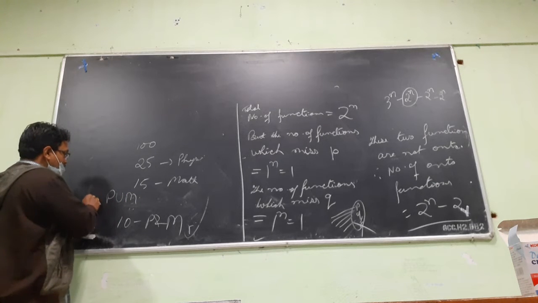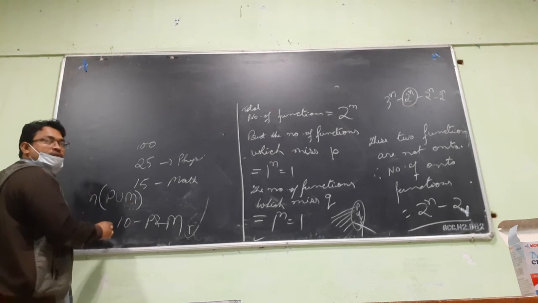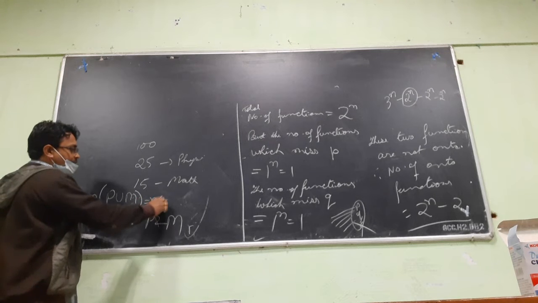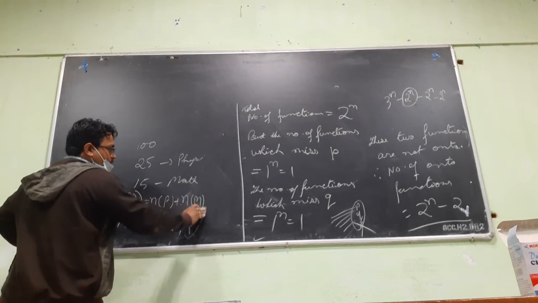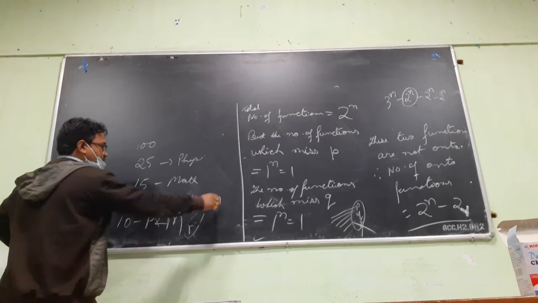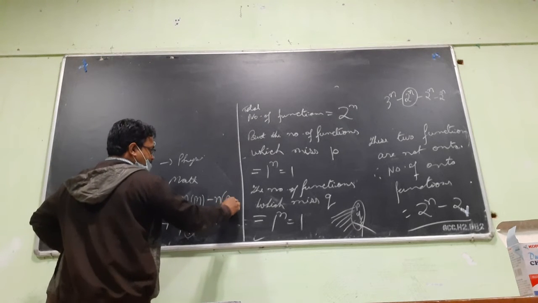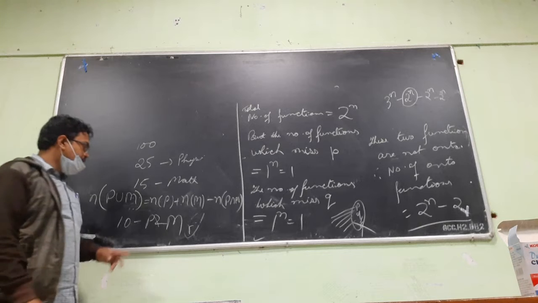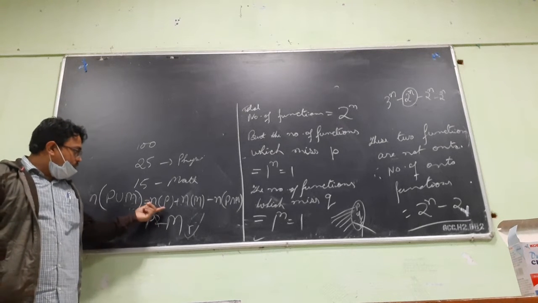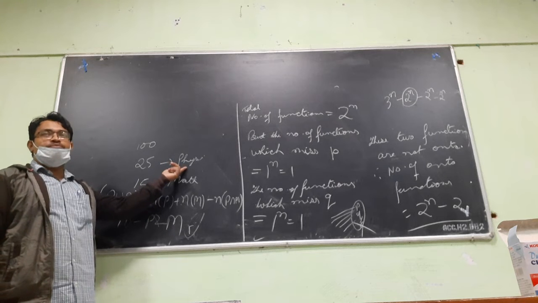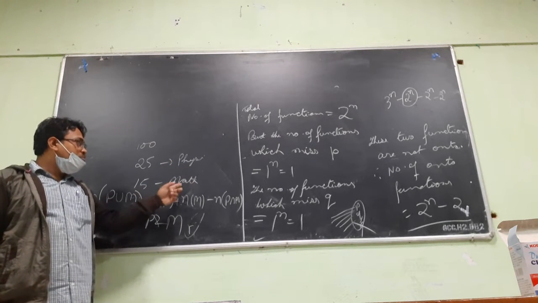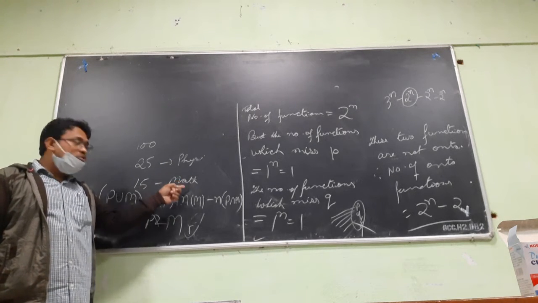So what do you do? The number of elements of P union M is the number of elements of P plus the number of elements of M minus the common elements. Why is this done? Because when you count the number of students who have taken physics, there may be some students who have taken maths also.